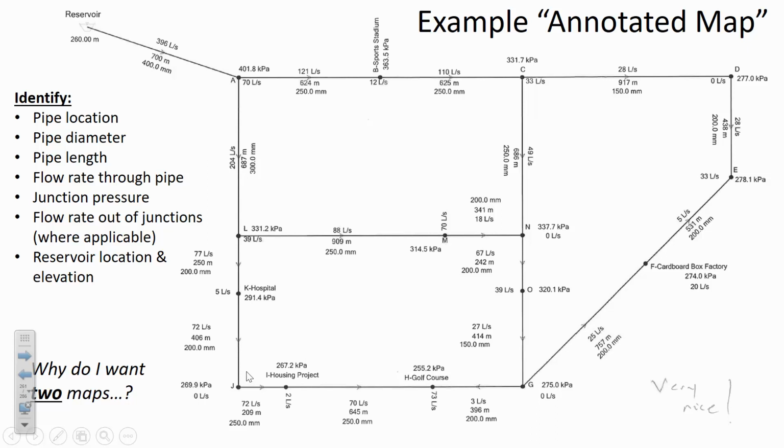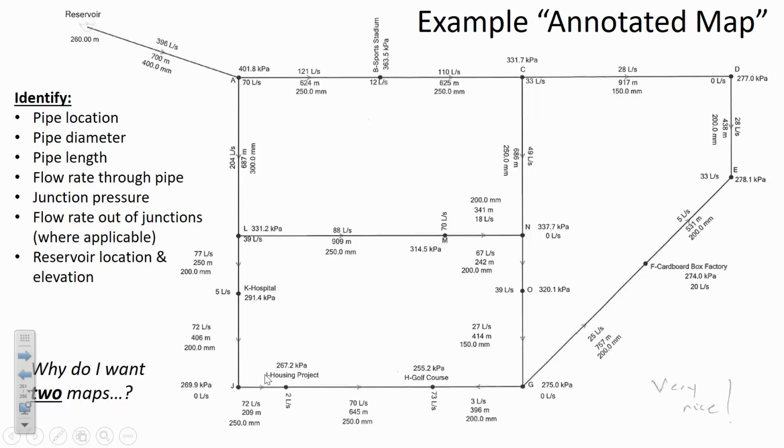If I saw this map where all these dots had been connected, I'd say, well, why even bother having pipe G to the golf course, H? Because there's only 3 liters per second going through GH. Why not just eliminate that pipe and provide the water to location H through IH? You've got 70 liters per second going through that pipe, send another 3.